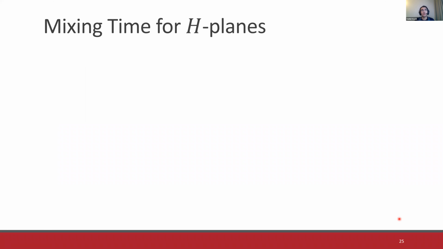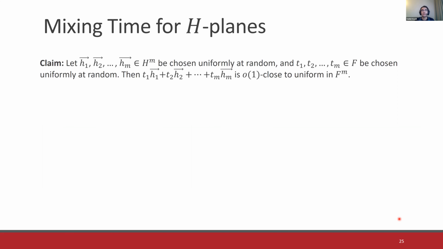So we have this plane such that if you pick m points, m vectors in h to the power m, and you choose m points in f, then this sequence t1 h1 plus t2 h2 plus blah, blah, blah, plus tm hm is actually O(1)-close to a uniform point inside the entire hypercube.